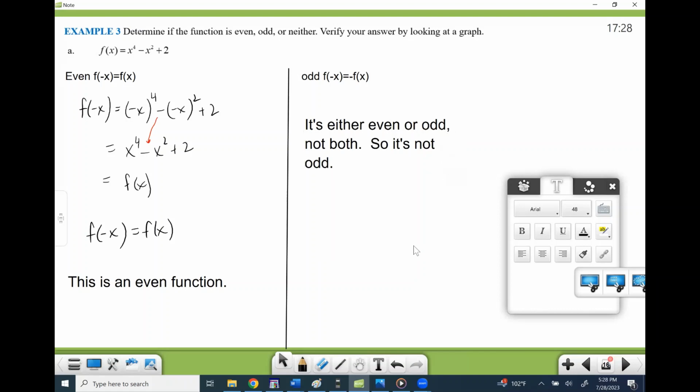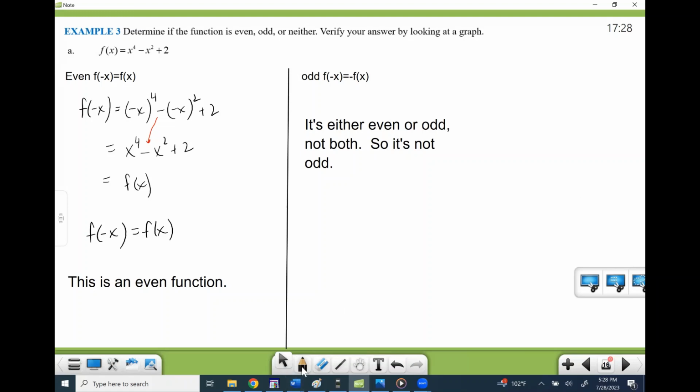Now, you're like, what are you talking about, Mecklenburg? Some of the graphs we had earlier, like maybe a circle, just to make an easy example, is symmetric to the y-axis and also symmetric to the origin, but it's not a function.